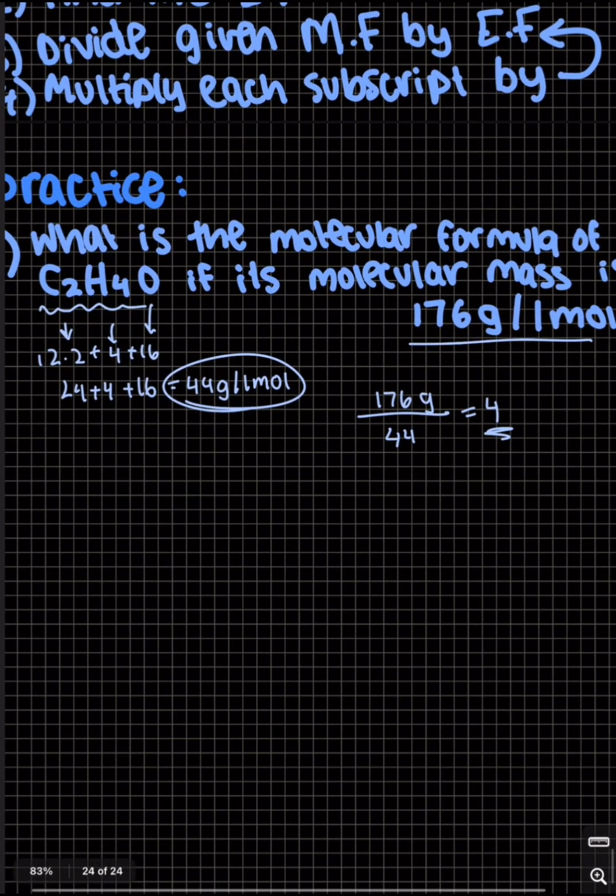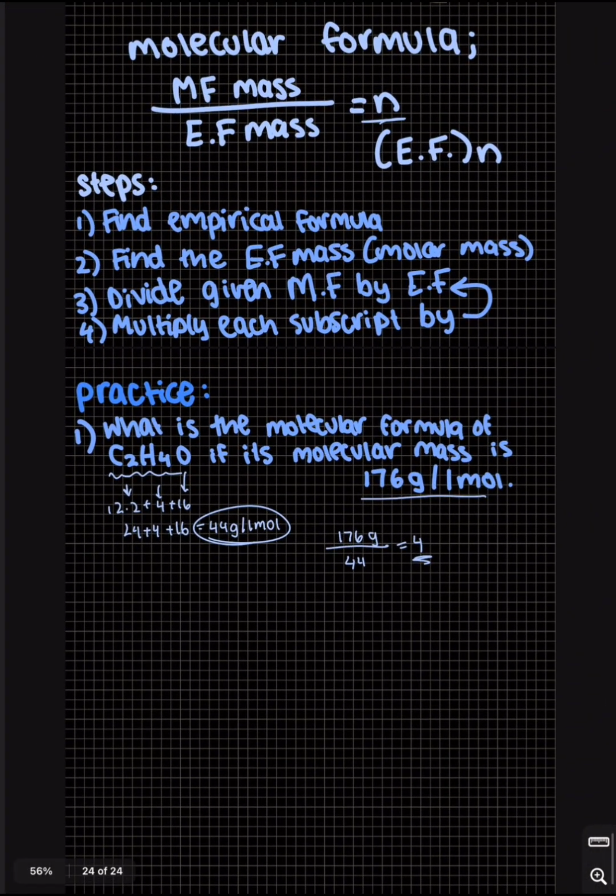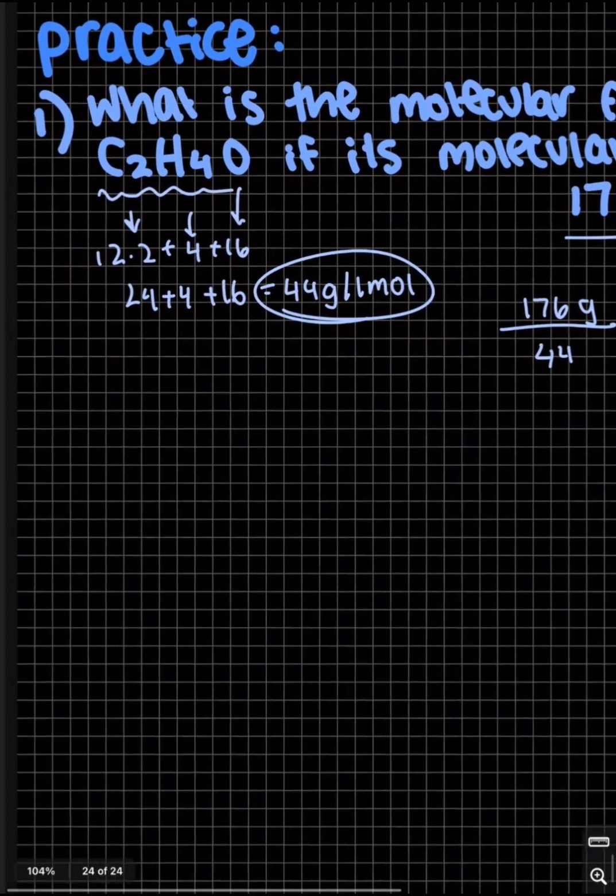Now step 4 is to multiply each subscript by that given value, which was N, which we found was 4.